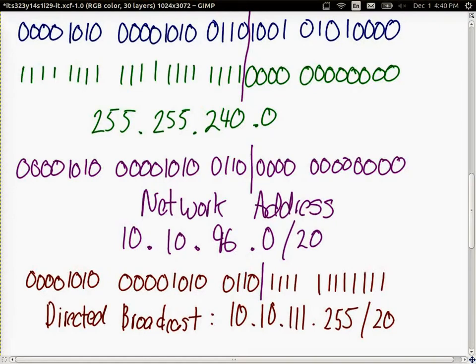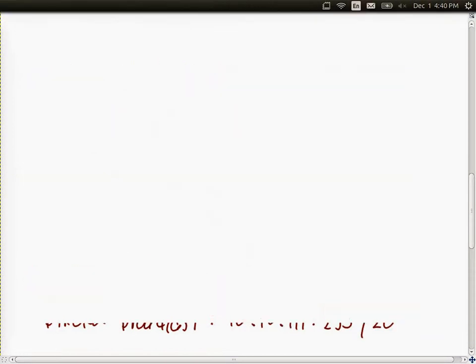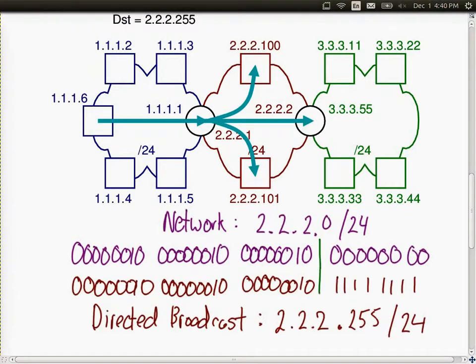On our blue subnet, how many possible computers, or devices in total?